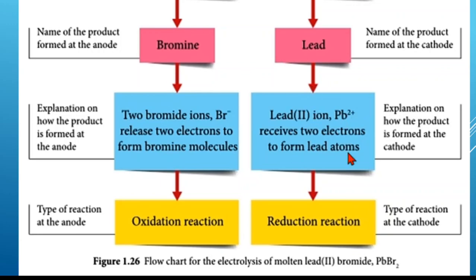Betul kan? Okay. So, what is the type of reaction at anode? Oxidation reaction, sebab dia buang elektron. Manakala di cathode, reduction reaction, sebab dia receive elektron. So, ini adalah the flow chart of electrolysis of the molten lead to bromide PbBr2.